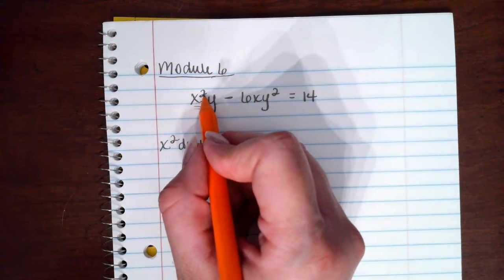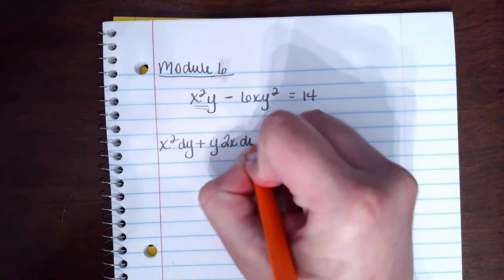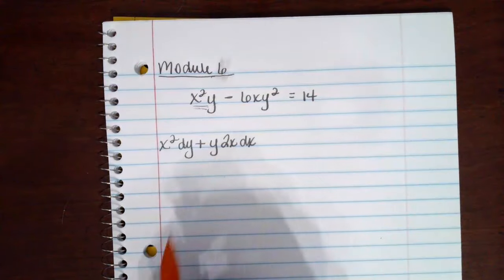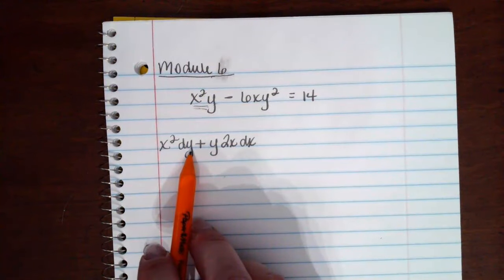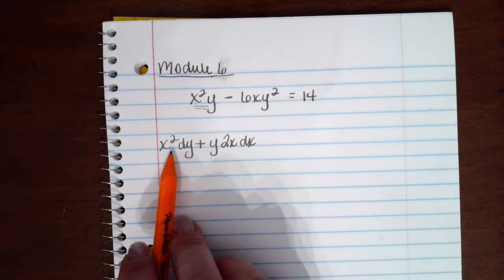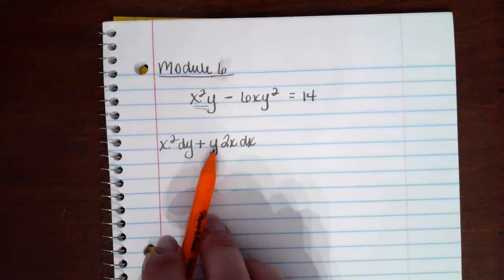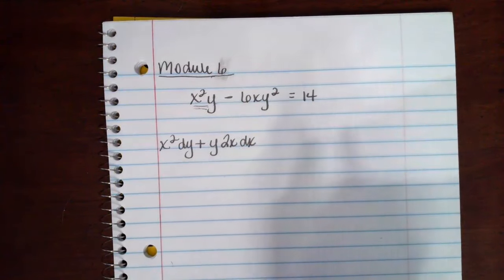So the derivative of x squared is 2x dx. So remember, whatever variable you're taking a derivative of, it gets either a dy or a dx. So I've got first times derivative of the second plus the second times the derivative of the first.